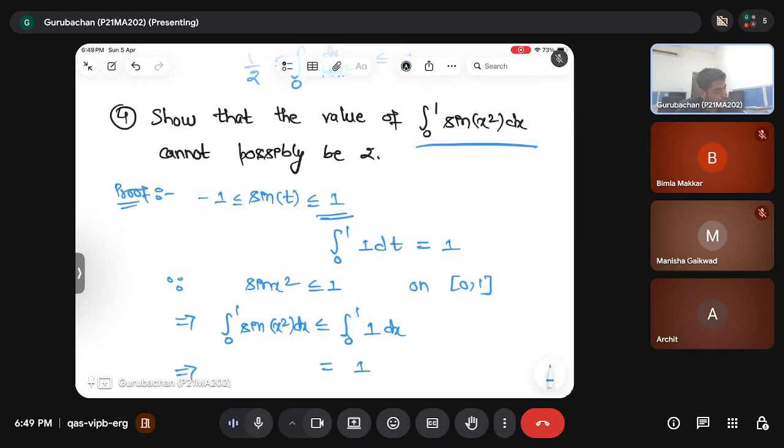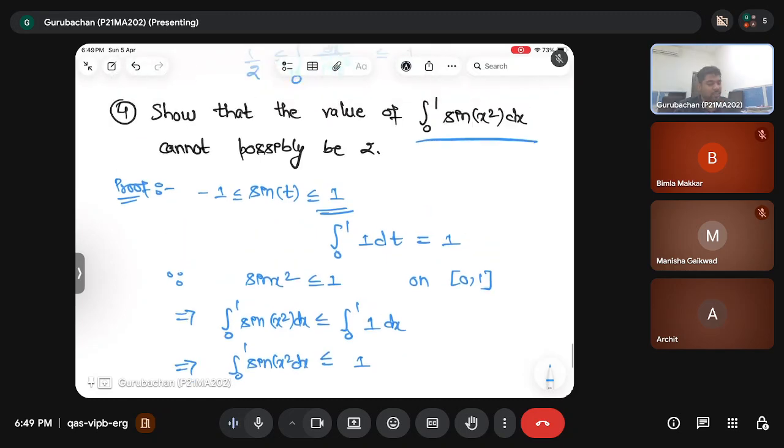So this integration of sine x square dx is less than or equal to 1. Obviously if anything is less than or equal to 1, it cannot possibly reach 2. Is it clear? Yes, sir. Okay.